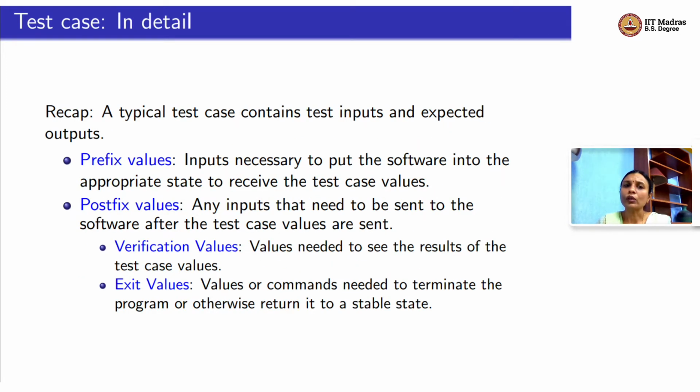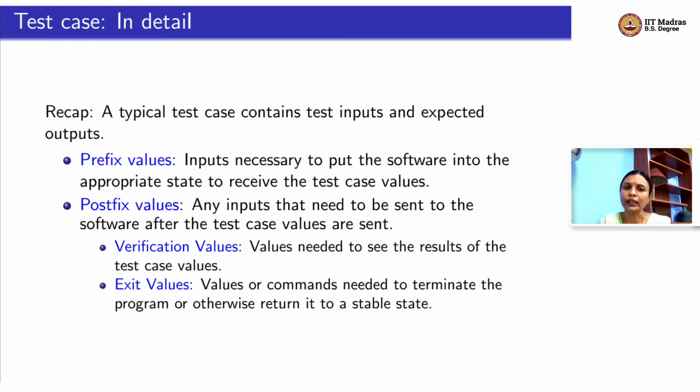Remember what we saw as a test case? We said simply a test case was inputs and expected outputs. If the actual outputs match the expected outputs, we say the test case had passed, otherwise the test case had failed. Now, in addition to that, suppose the code that you're testing is embedded somewhere deep inside the overall software that you have, you need to give prefix values and postfix values. So let's see what they are.